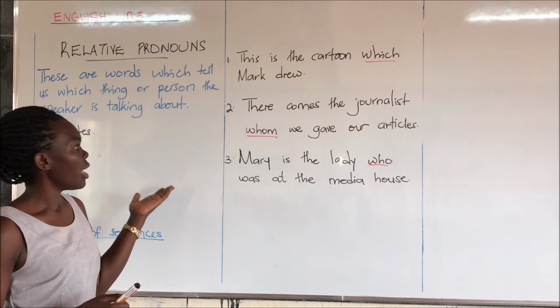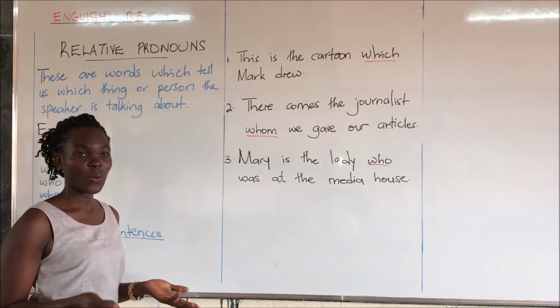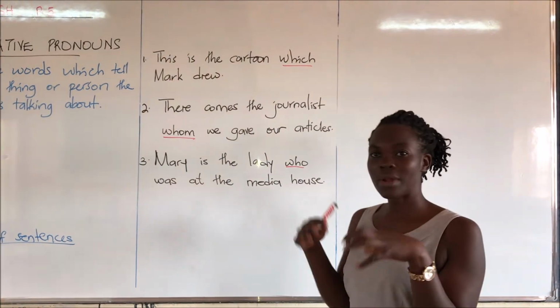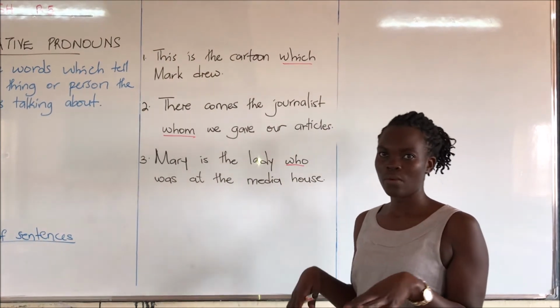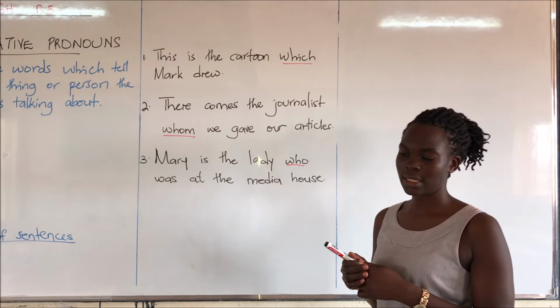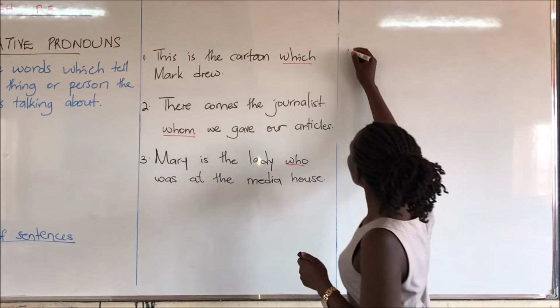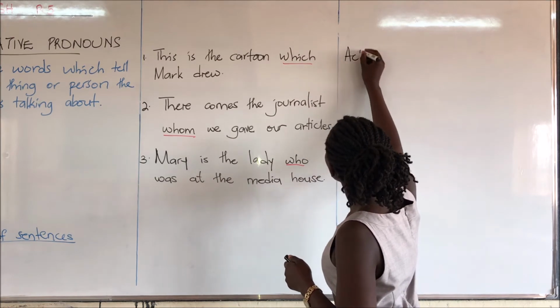Now, I'm going to give you a quick one where you're going to fill in the relative pronoun that is suitable for that particular sentence. So in your book, you get your pen and paper, you write this quick one. It's an activity.